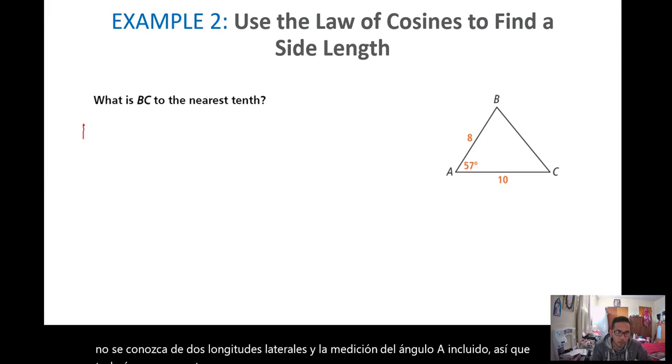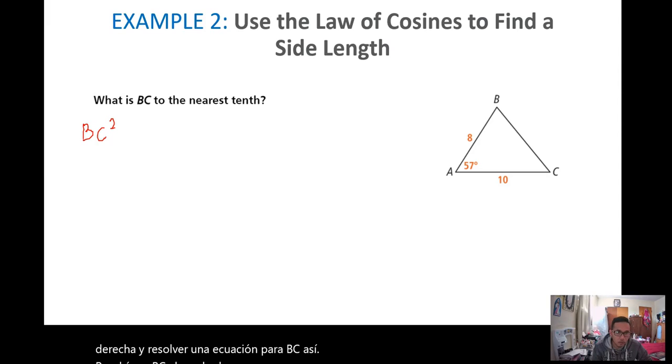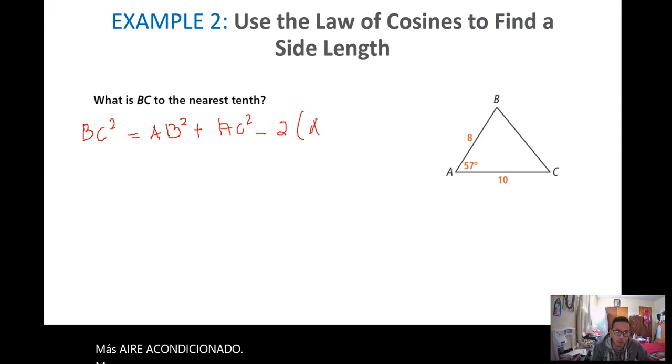So I would put there BC squared is equal to AB squared plus AC squared minus 2 AB times AC times cosine A.